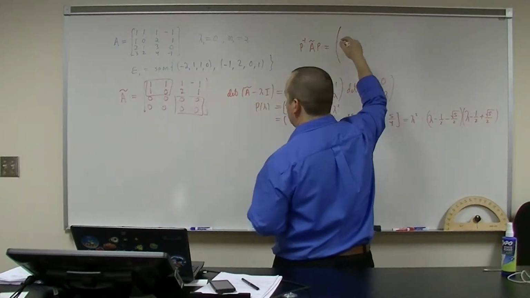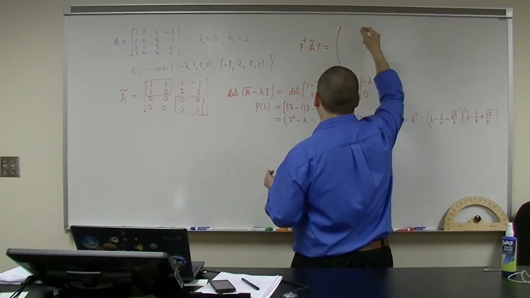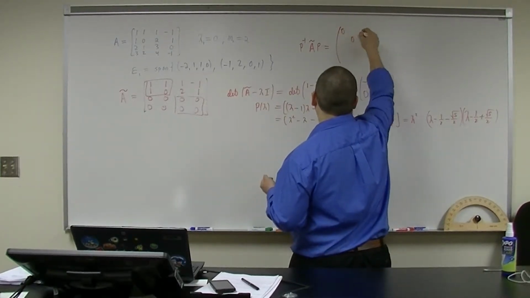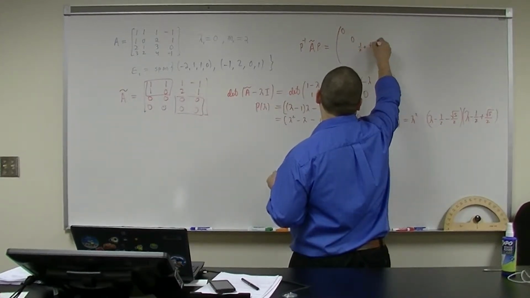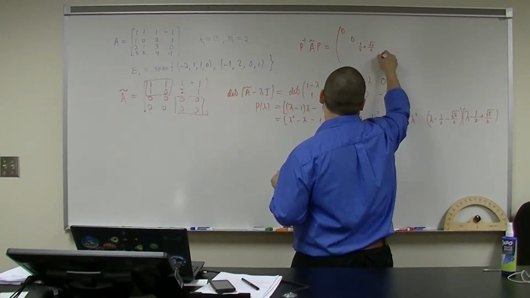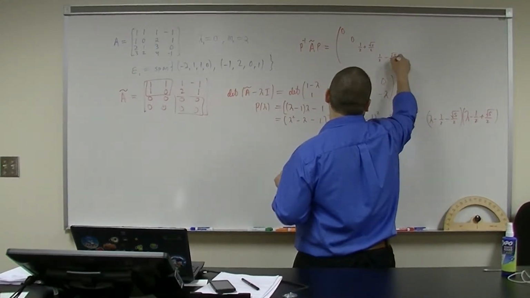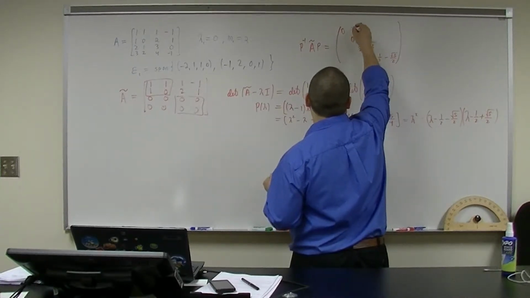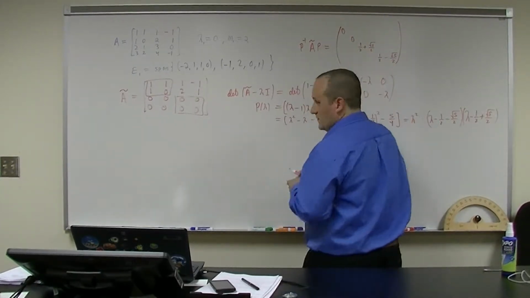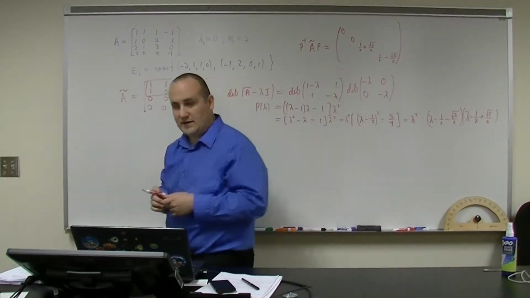It's just a diagonal matrix in this case. If I put the zeros first, I'd have 0, 0, and then 1/2 plus the square root of 5 over 2, and then 1/2 minus the square root of 5 over 2. And I know that I have a two-dimensional zero eigenspace, and everything else 0. That would be the Jordan form in this case. It's kind of just diagonal.